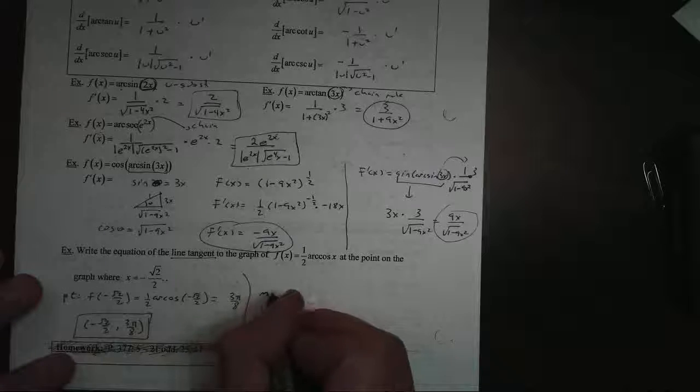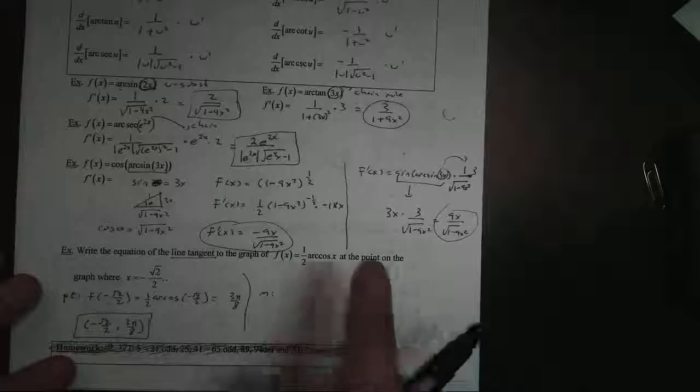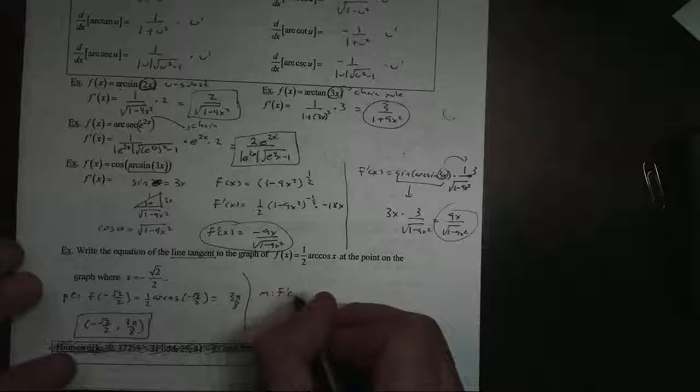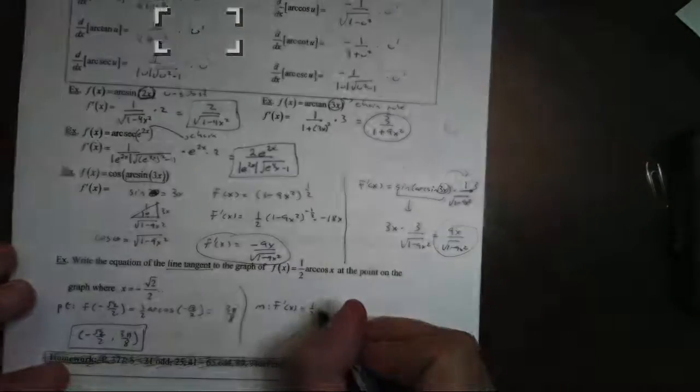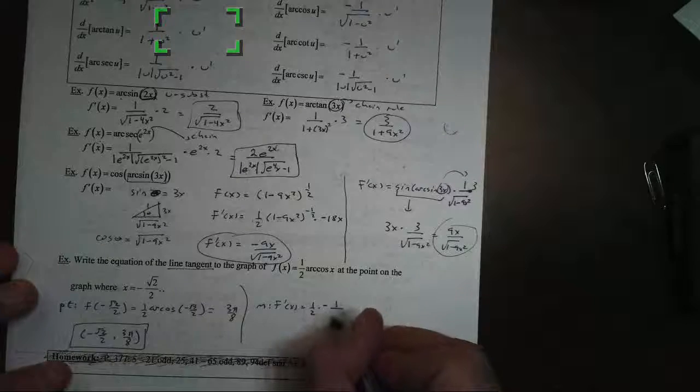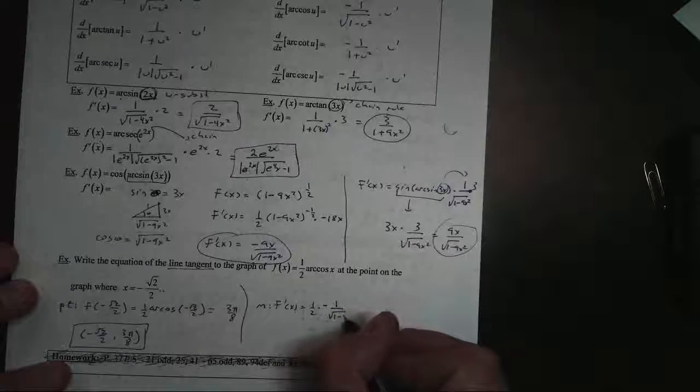Next, we need the slope. Well, to get the slope, we got to take the derivative. F prime of x is the derivative of arc cosine, which is the opposite of arc sine, so it's the negative. So we get negative 1 over the square root of 1 minus, in this case, x squared.